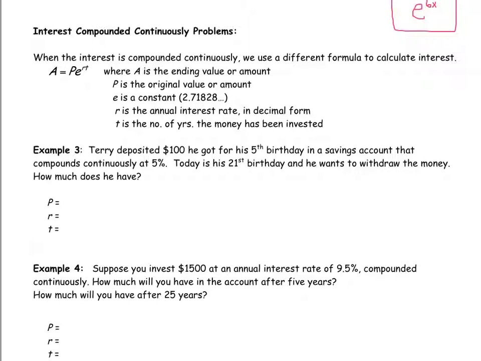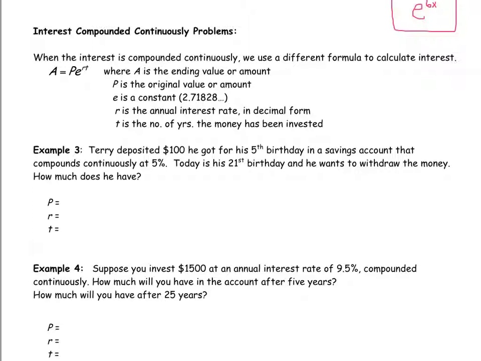It's A equals P times e to the RT, and this all comes from that table that I just did on the previous page. The values are getting closer and closer to this value e, so that's what we end up using when we have a compounded continuously problem.